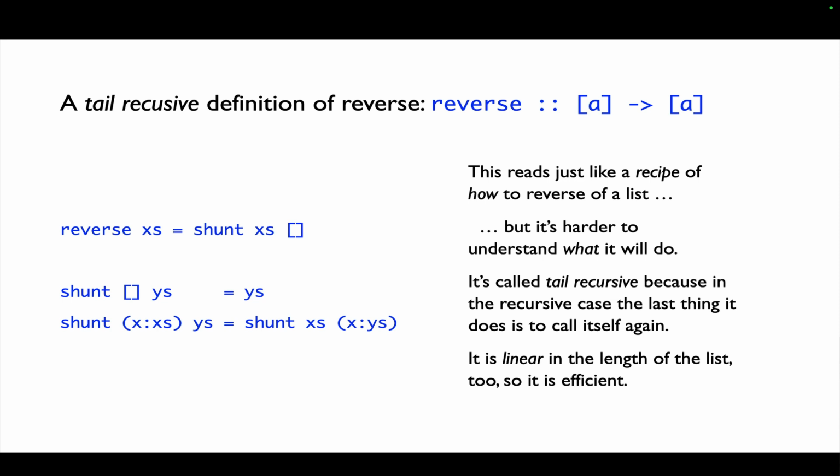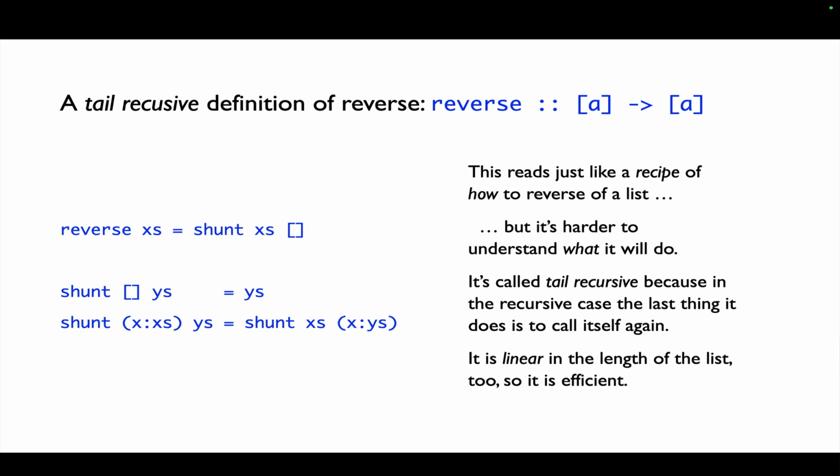So what does shunt do? If the first list is empty, you return the second list. Otherwise, if the first list is non-empty, you take the first element off that list and put it on the front of the second list and call shunt again.